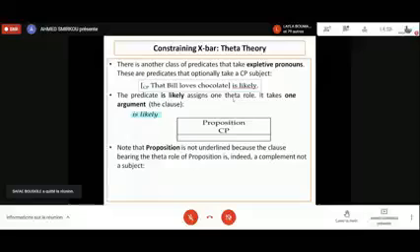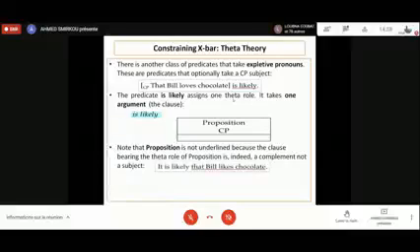It does not require a subject, but a subject is imposed by another constraint. So we'll talk about that. Normally we say it is likely that Bill likes chocolate. So you either insert it and you say it is likely that Bill likes chocolate, or you don't insert it and you say that Bill loves chocolate is likely. But what is important is to have that CP.